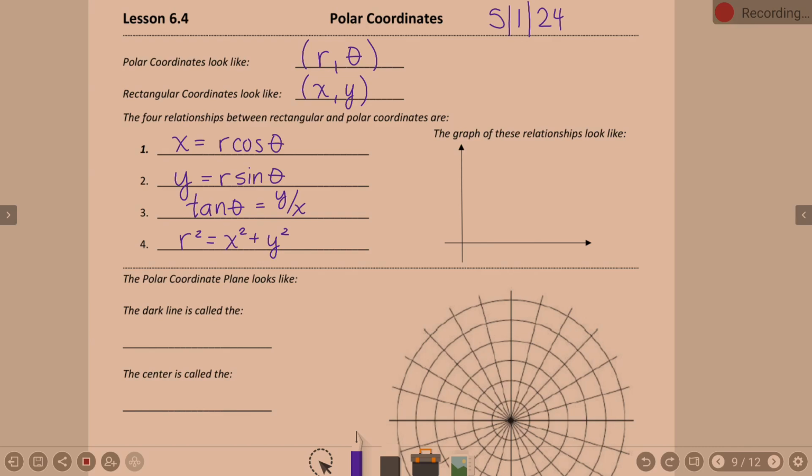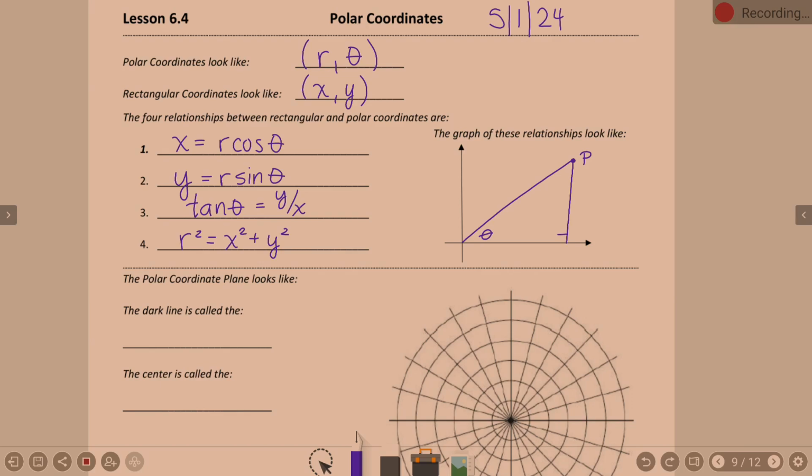Now, the graph of these relations. Visualize this: I'm going to call this point P. Your theta is the angle the graph is going to make there with the axis. If we're connecting in terms of x and y, what do we often do with theta? We often create a right triangle here.